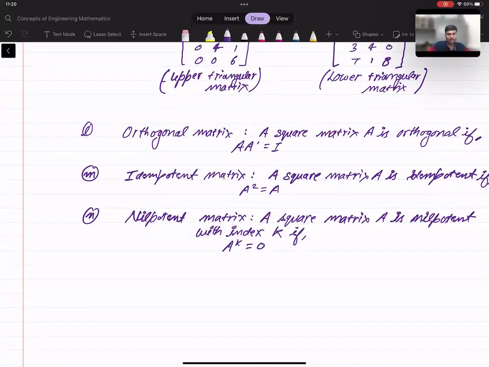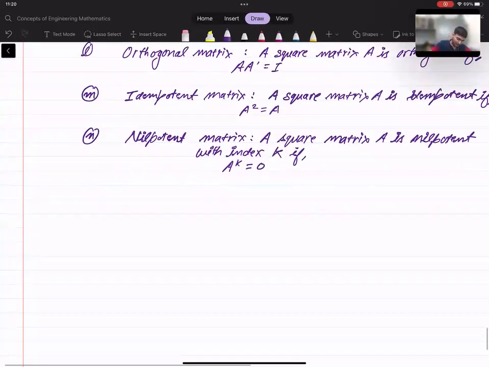And similarly, there will be a class of matrices known as involutory matrix.